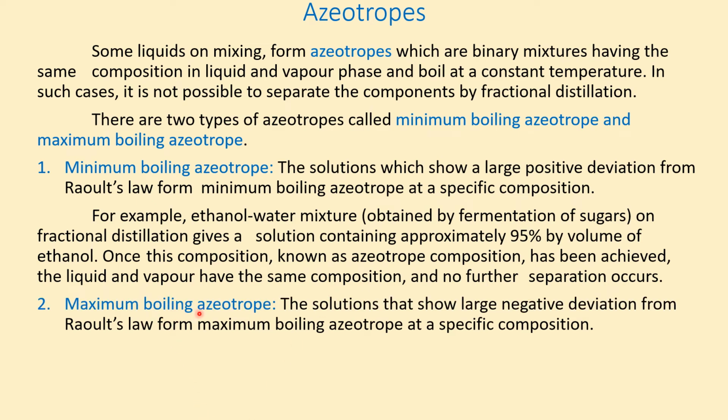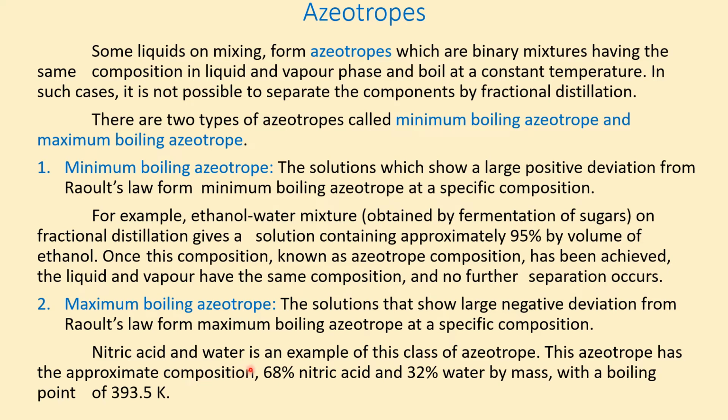Maximum boiling azeotrope. The solutions that show large negative deviation from Raoult's law form maximum boiling azeotrope at a specific composition. So, maximum boiling azeotropes show large negative deviation. Components showing large negative deviations form maximum boiling azeotropes, whereas components which show large positive deviations form minimum boiling azeotropes.